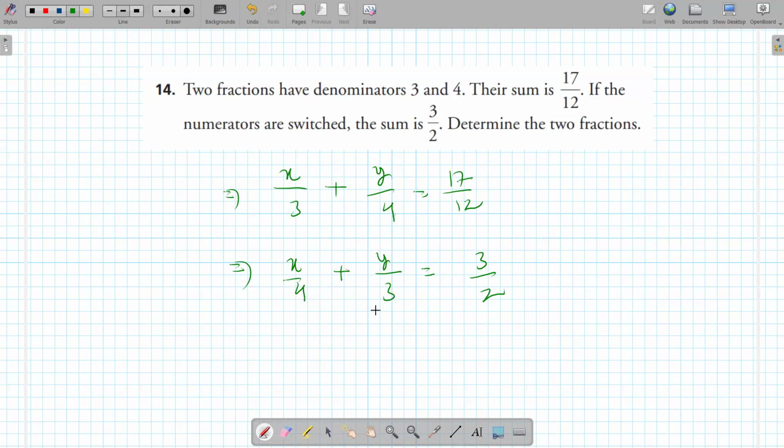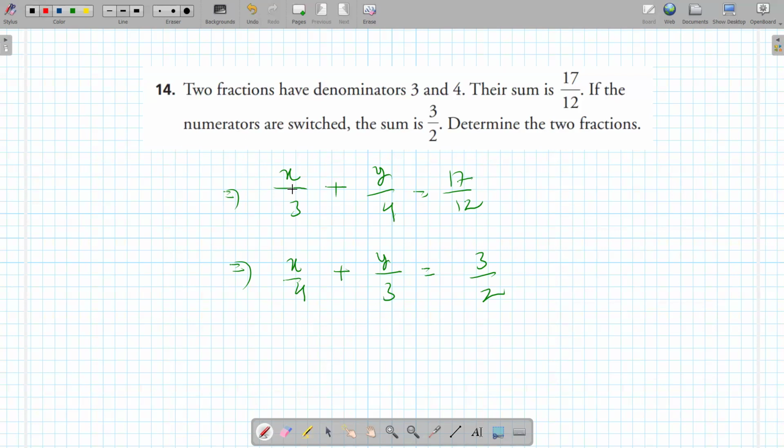We need to make one of the coefficients the same so we can cancel it out. That's slightly tricky, right? So if you want to kill the x, you want to multiply the first equation by 4 and the second one by 3, so that you end up with the same thing. But I think the best thing to do here would be to get rid of all the fractions.